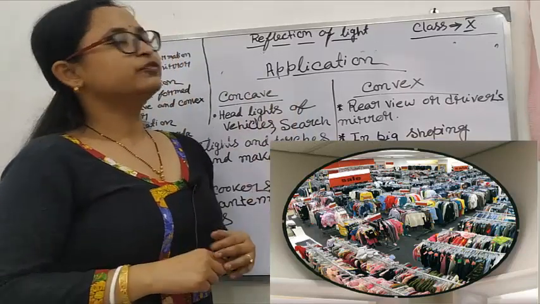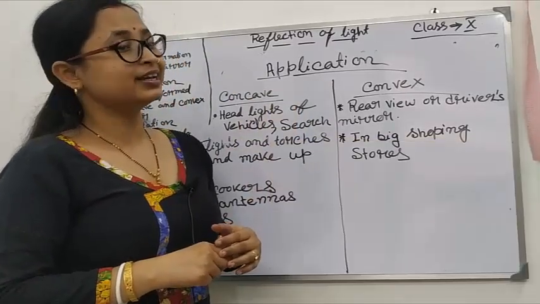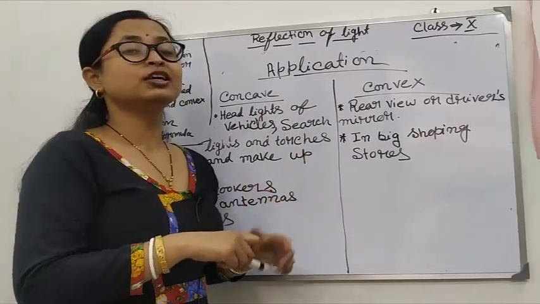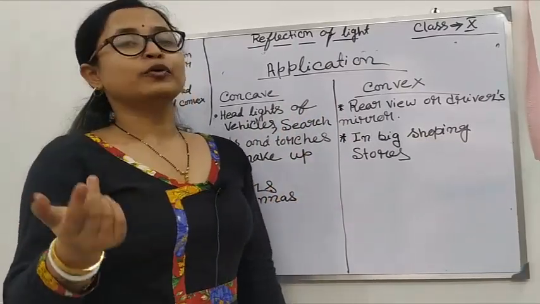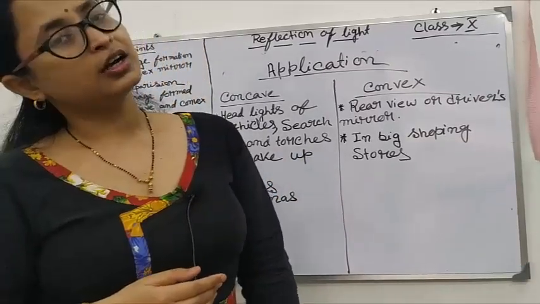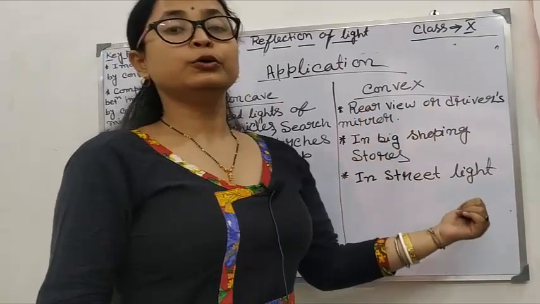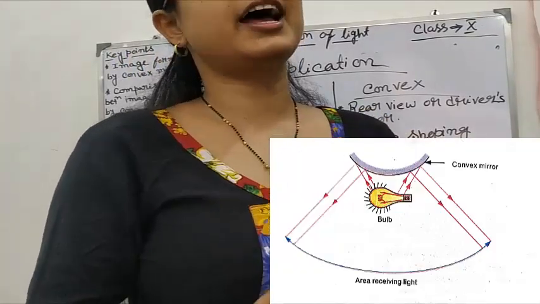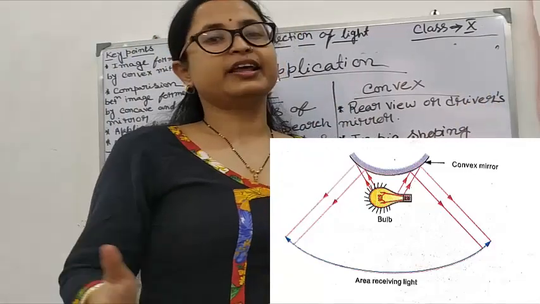So as the field of view of convex mirror is greater, it is used as a rear view mirror, as well as in shopping stores or malls to check the activities of the customers.